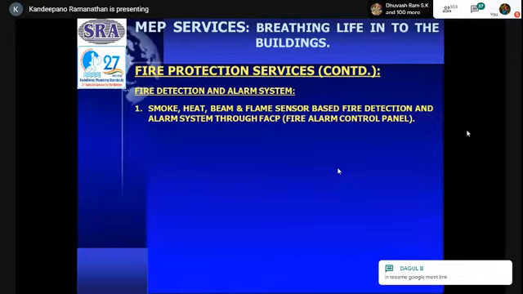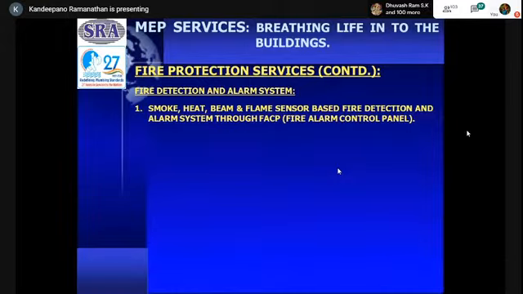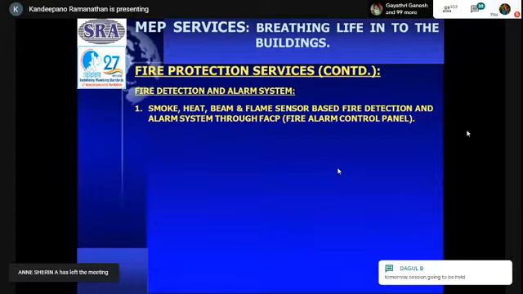A big sounder can start giving an alarm signal, and SMSs can be sent to concerned persons intimating that fire is being sensed at so and so places, and the concerned person intervenes and takes fire protection actions.